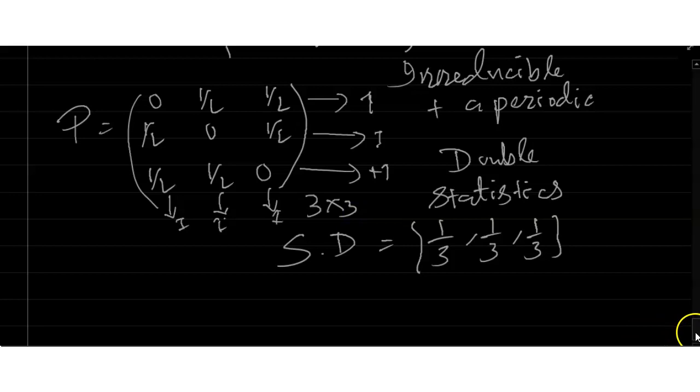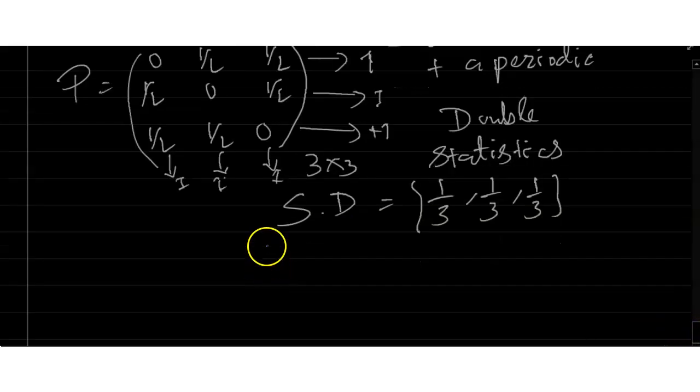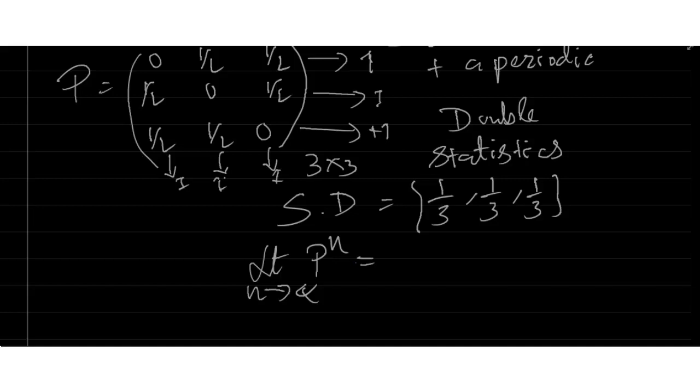Now if they ask the limit n tends to infinity of P to the power n, how will you get this value? This value is very simple. Limit P_ij equals to 1 by 3.